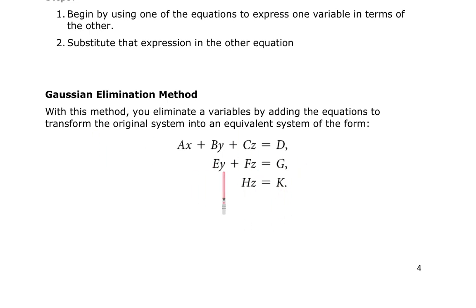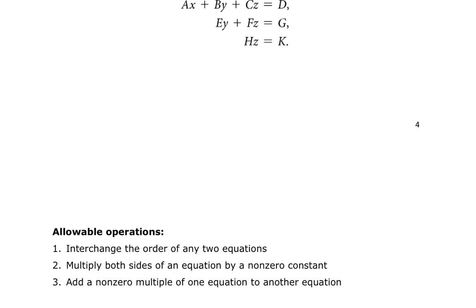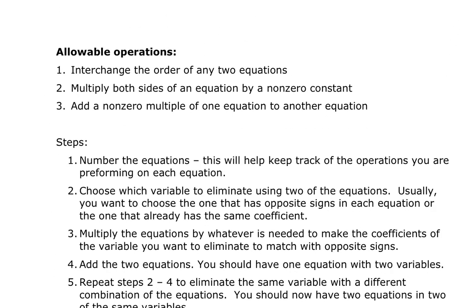And this one is actually, for most people, much faster and less cumbersome. And what I can do is I can interchange the order of 2 equations. So if the first equation I don't like, I can put it down to the third, etc. I can multiply both sides of an equation by a non-zero constant, and I can add non-zero multiples of one equation to another. Here are the steps.